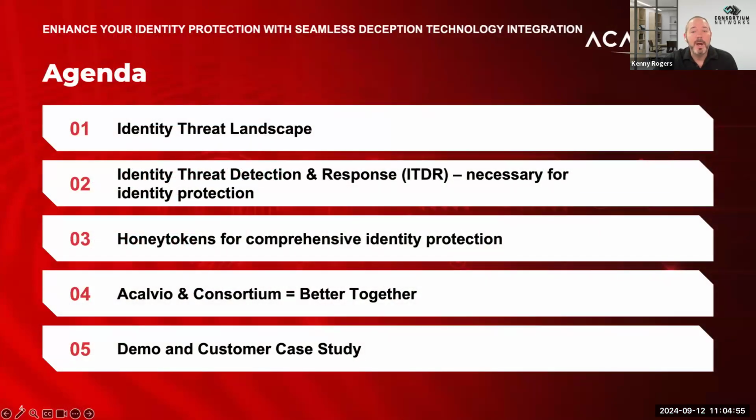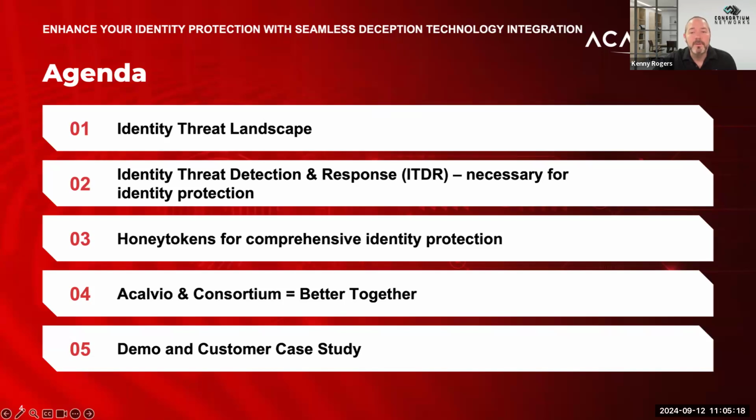Our agenda for this webinar is as follows. We're going to cover the current identity threat landscape and the problems we're all facing. We're then going to discuss how enterprises need identity threat detection and response. Next, we'll cover the solution for identity protection that provides comprehensive coverage for a wide variety of identity threats based on honey accounts and honey tokens.